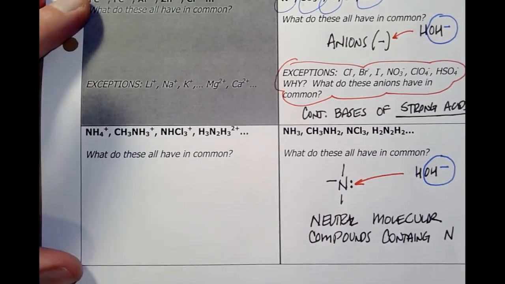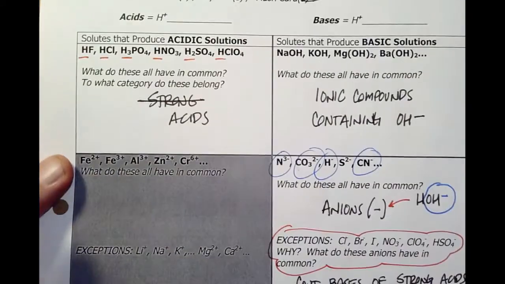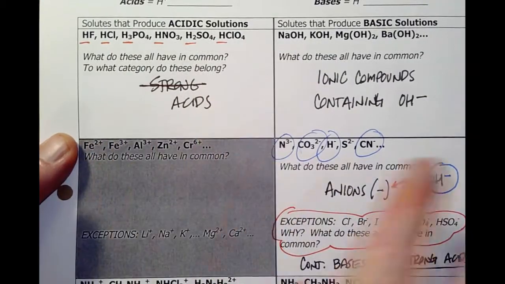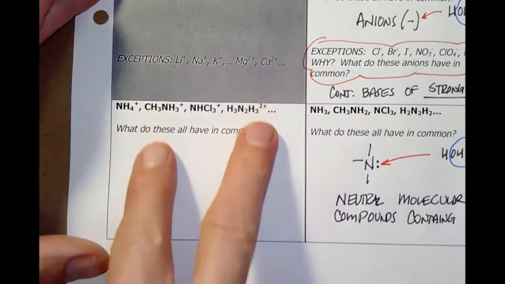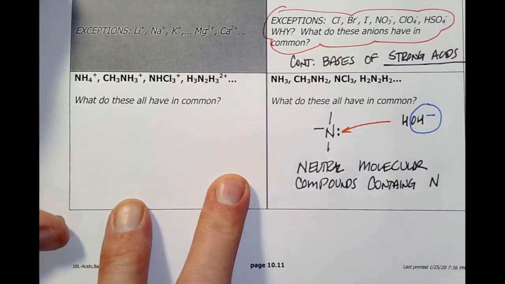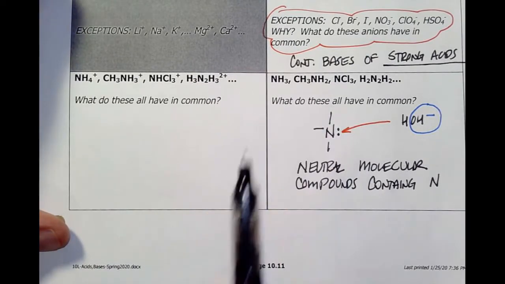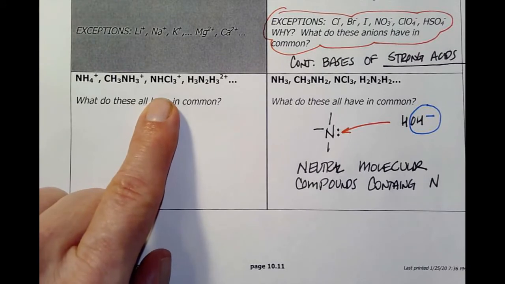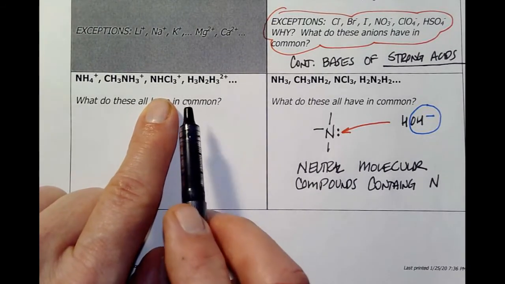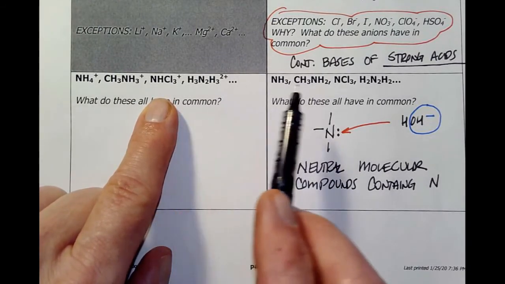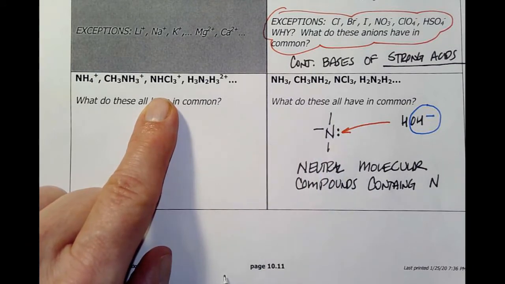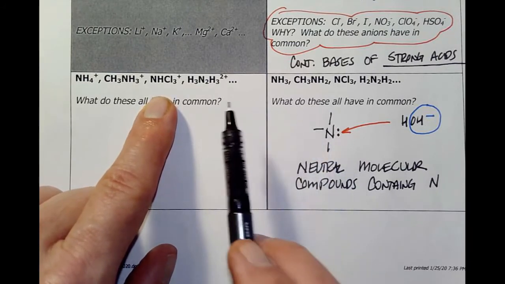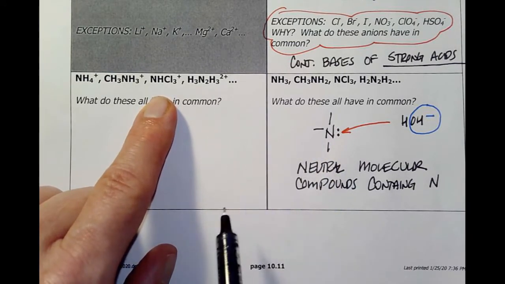Now, I have this other set over in my acidic column. Acids produce acidic solutions. How are these related to these? Well, these are all conjugate acids of weak bases. So no surprise, these are basic. Their conjugate acid form is going to be, guess what?